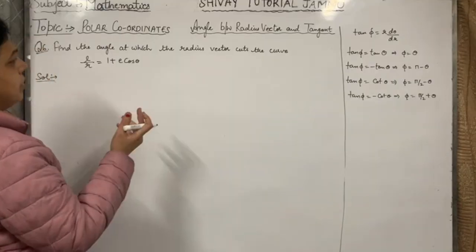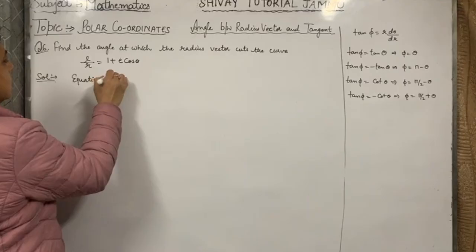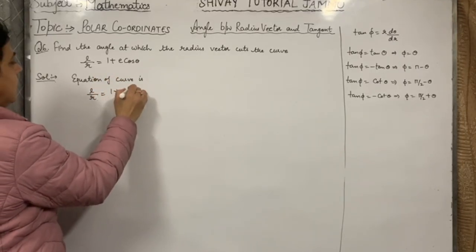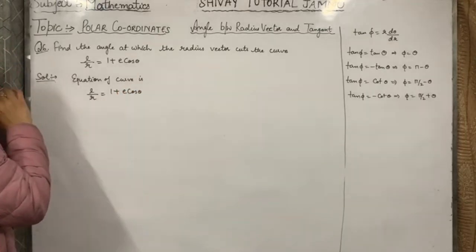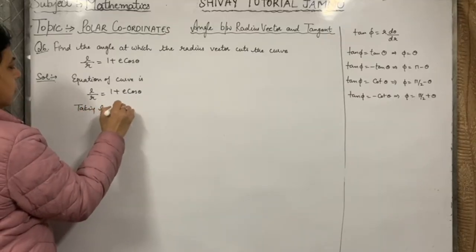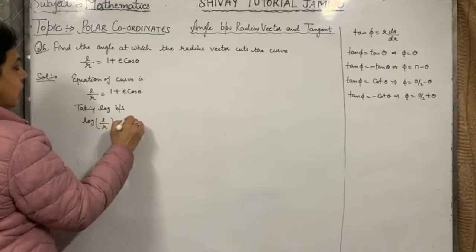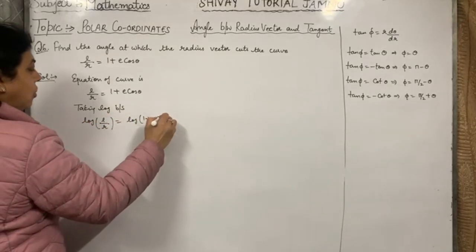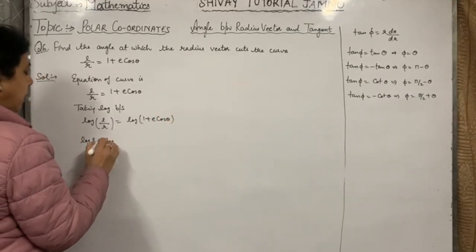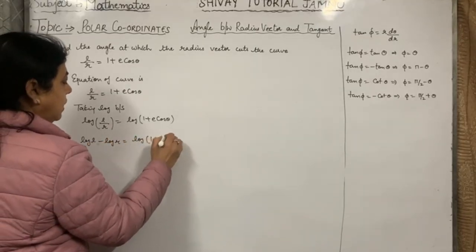Next is find the angle between radius vector and the curve. The equation of curve is l upon r equals 1 plus e cos theta. Okay. We will take log both sides. R is in denominator, therefore we will take log: log l minus log r is log of 1 plus e cos theta.